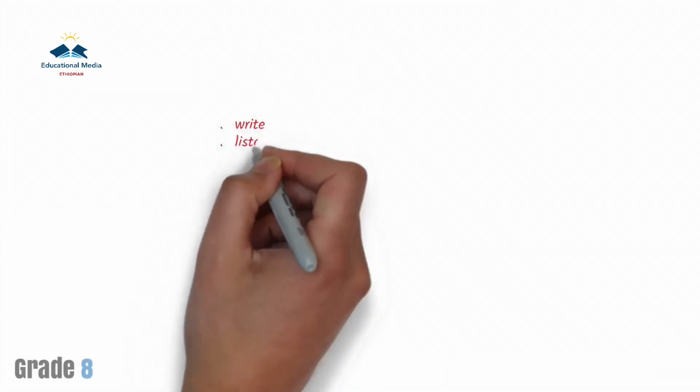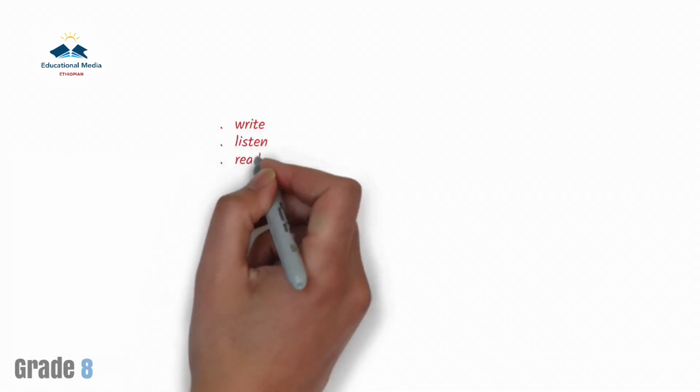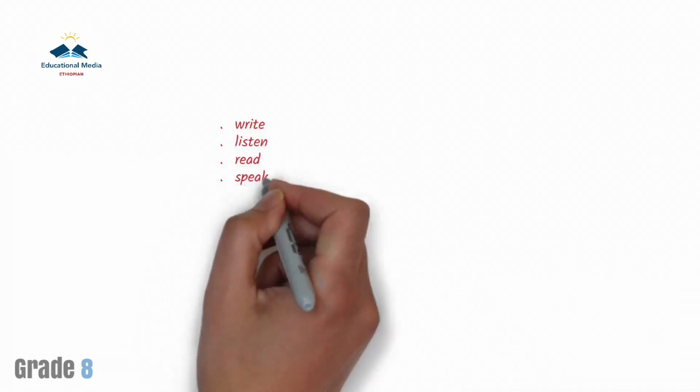Sure. And again, let's go and see some others. Okay. Listen. Read. Again, speak. These are all action verbs. What do you do? When do you do? Whenever and wherever it is, we are able to use these action verbs to talk about simple present tense sentences.